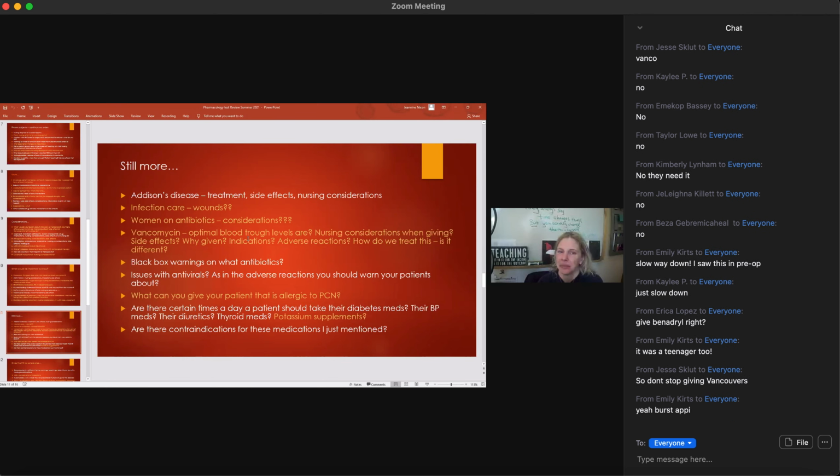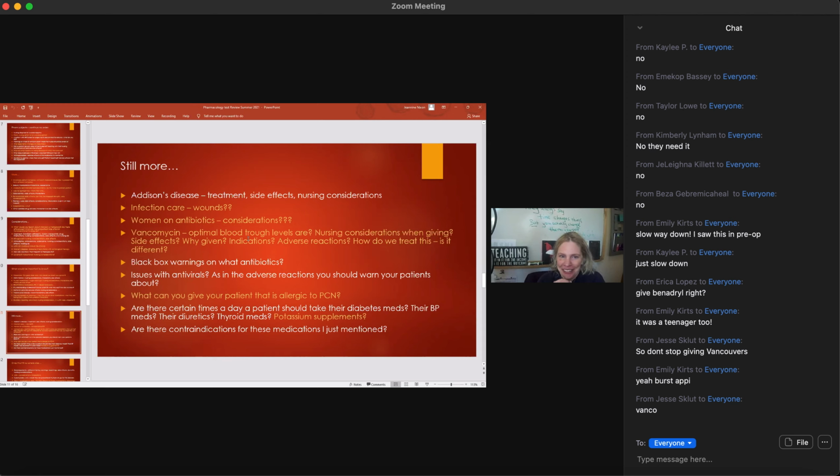Don't stop giving vancomycin. Yeah. Oh, burst appy. Yeah. So you just have to slow it down and you have to keep giving them other interventions, but do not stop. Okay, that's what we have to do.